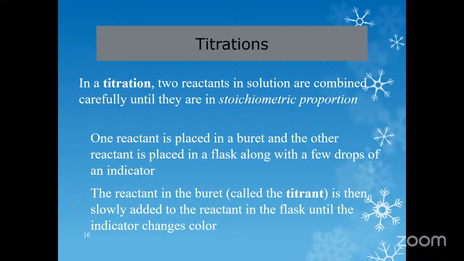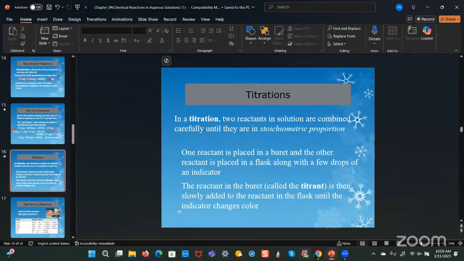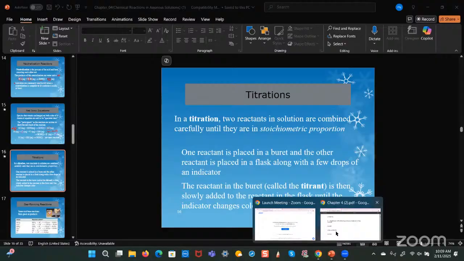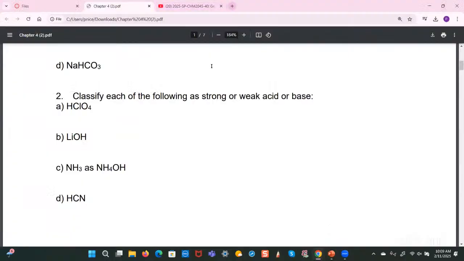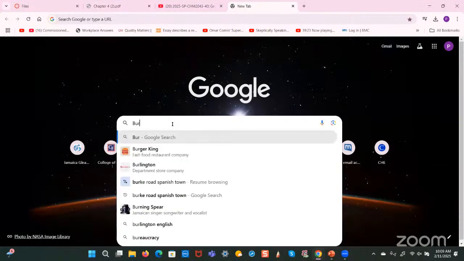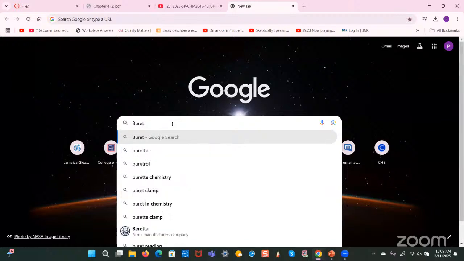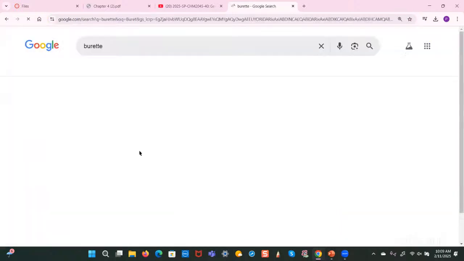Let me see if I can pull up a picture of a burette here so that you can see what it looks like. It's a long cylindrical piece of glassware.